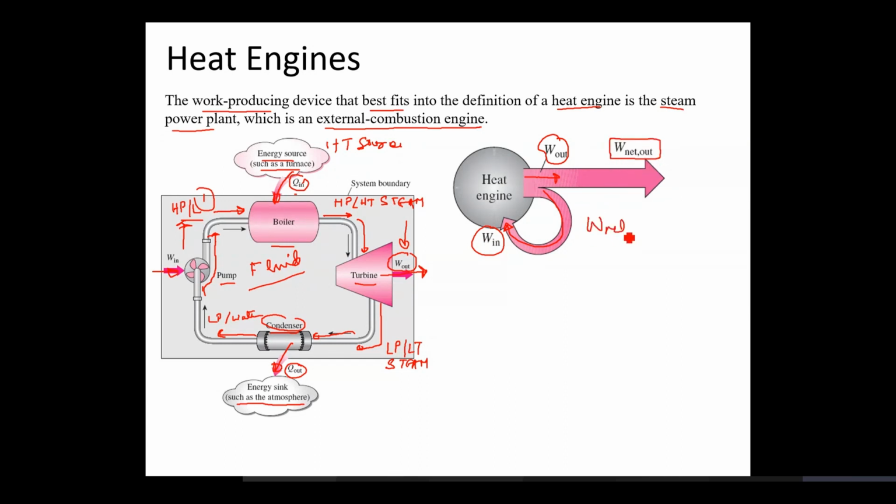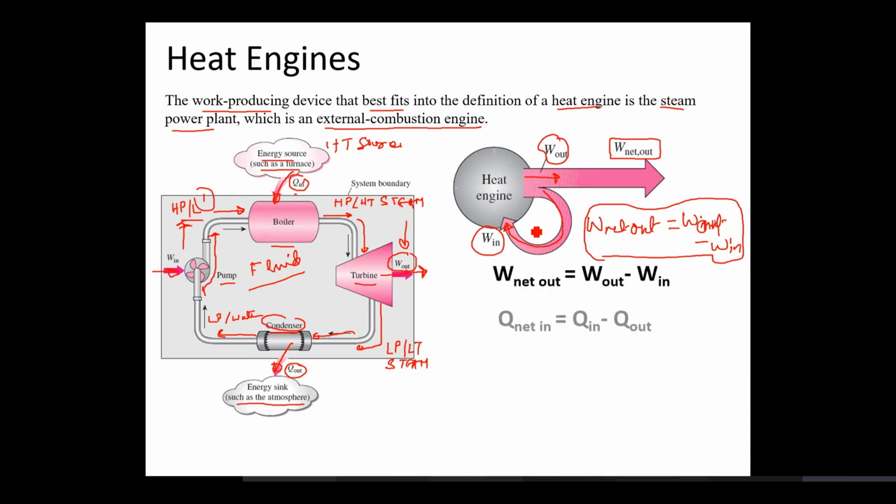So the net work out is essentially work out minus work in. Similarly, the Q net into the system, heat coming into the system, is essentially Q in coming into the system minus Q out that is being rejected. This is the net heat into the system.